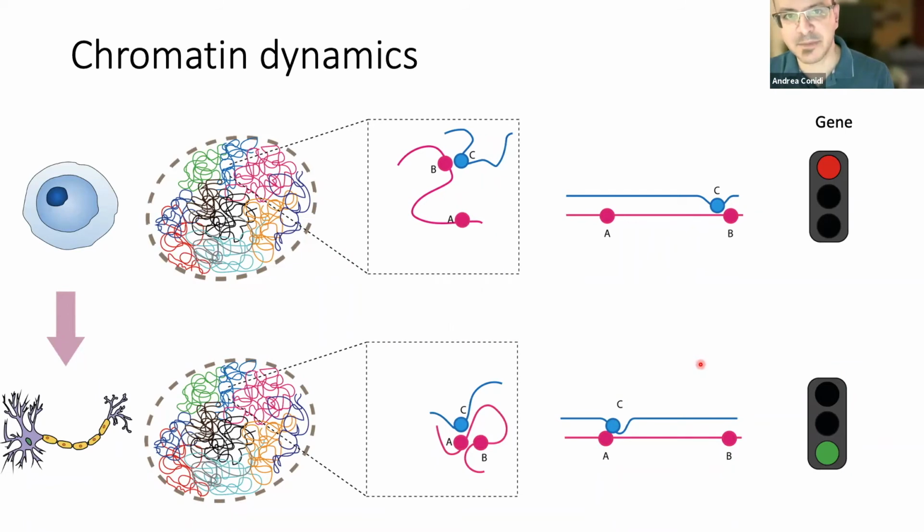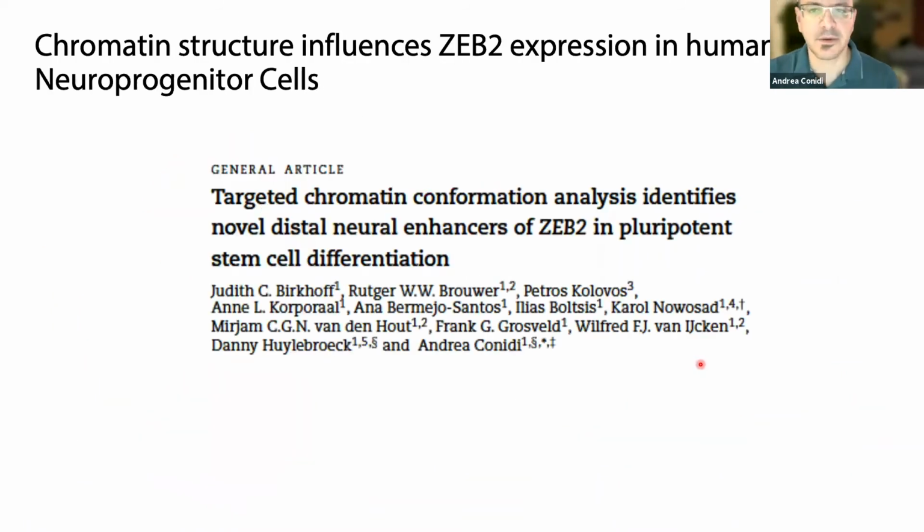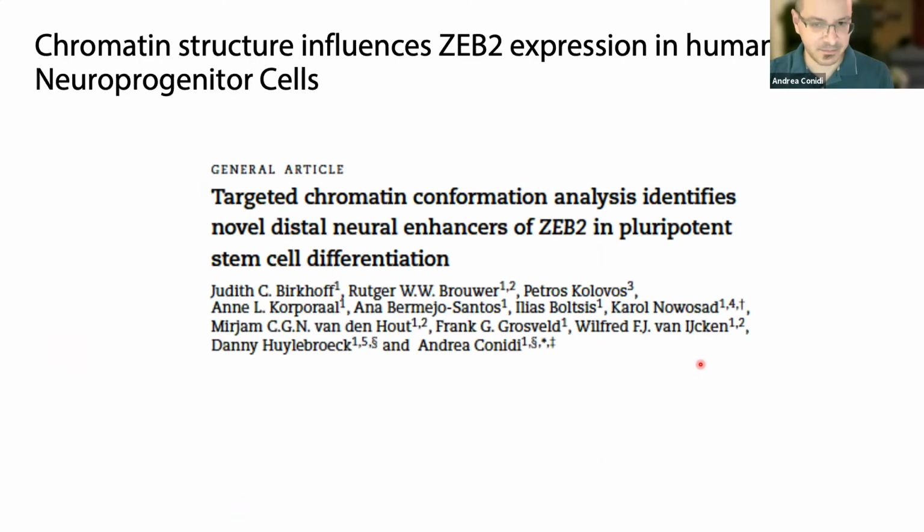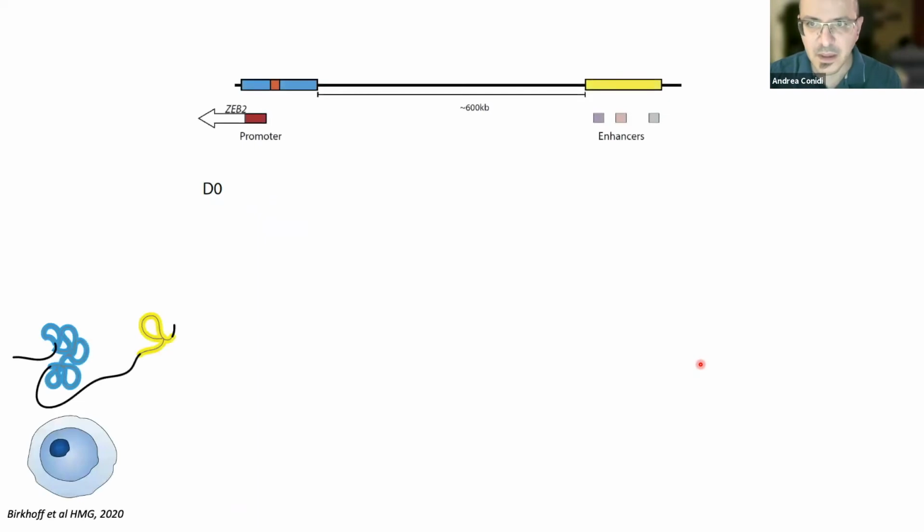We published a paper last year where we applied a chromatin conformation capture technique to study the ZEP2 gene, how it is dynamically regulated during the differentiation of cells. So here I go back to my uncooked and cooked spaghetti view.